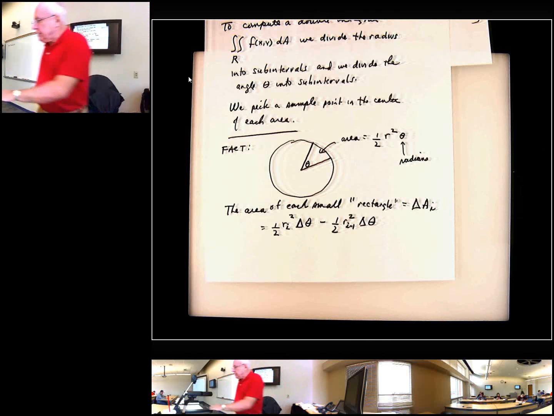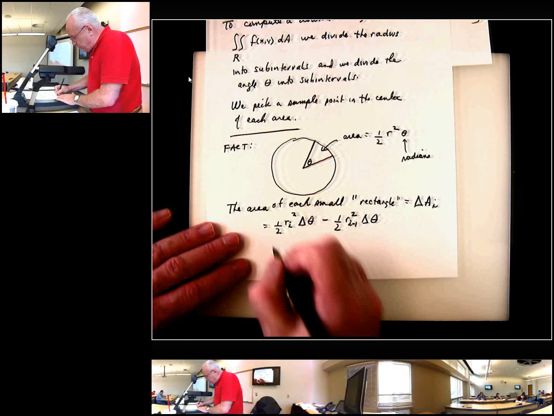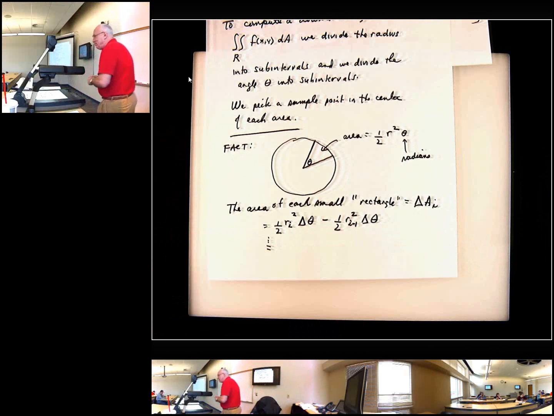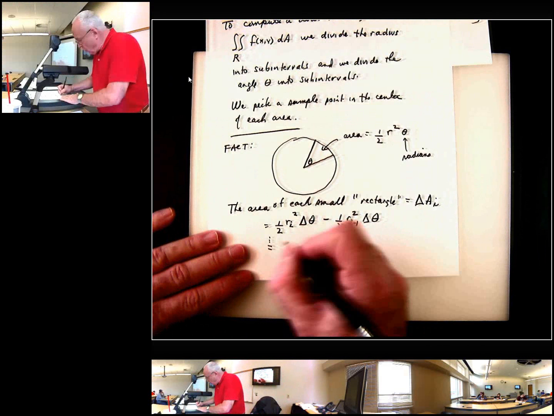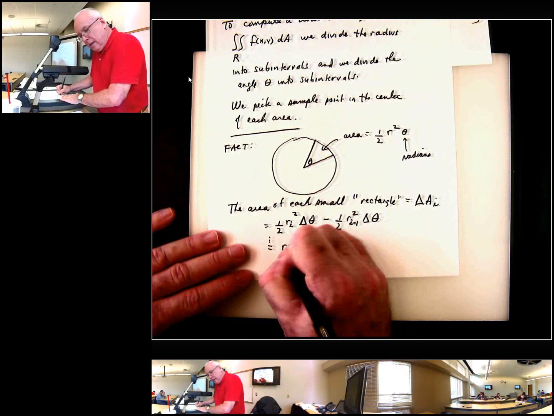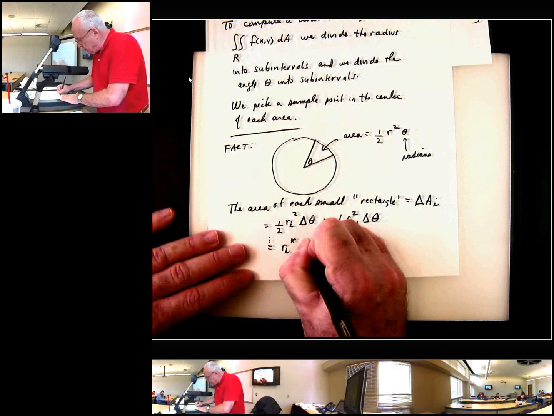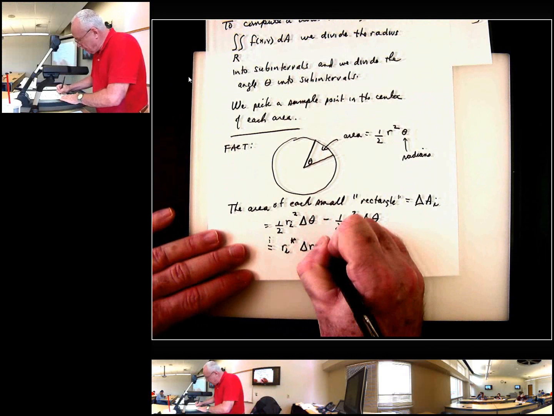And basically then we can do a little bit of algebra, which I'm going to omit. It's no big deal. What this ends up equaling is r sub i star delta r delta theta.